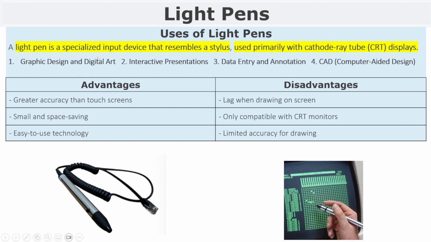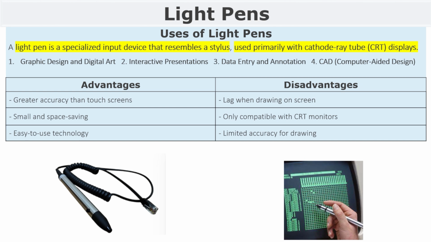Some advantages of the light pen are that it has greater accuracy or precision when you are selecting things on the screen, and it is very small and space saving, so it is not too big, and it is easy to use technology. The disadvantage is that when drawing, you find it's sometimes lagging.